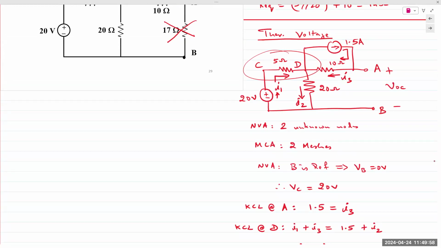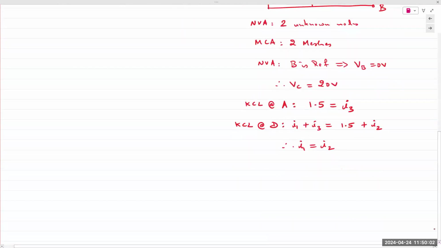So VC is higher than VD. So it'll become I1 is VC minus VD divided by 5 ohms. I2 is flowing from D to B. So it's VD minus VB divided by, what is it, 20 ohms? 20.